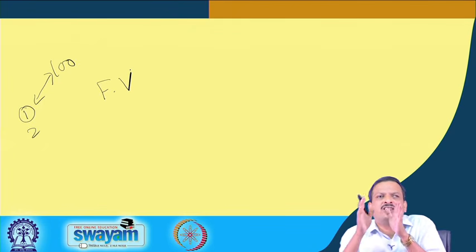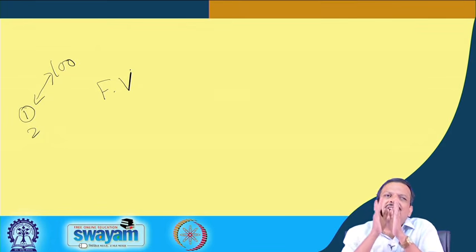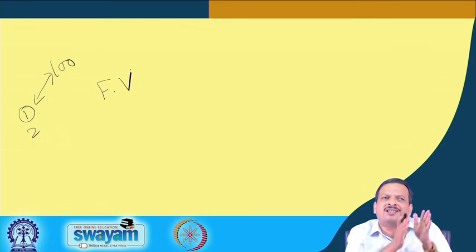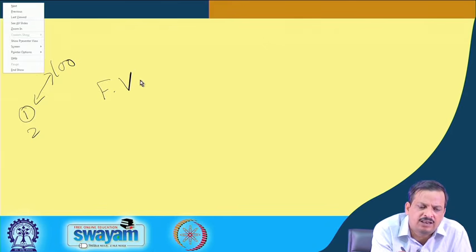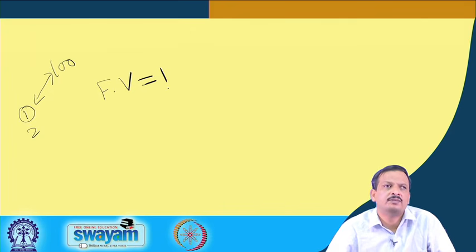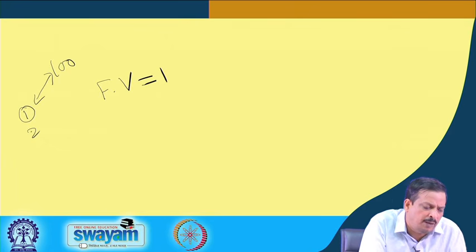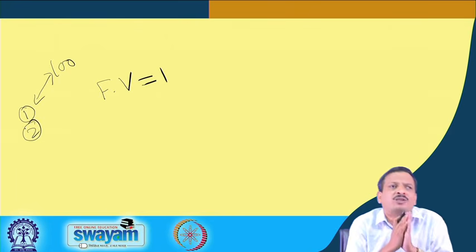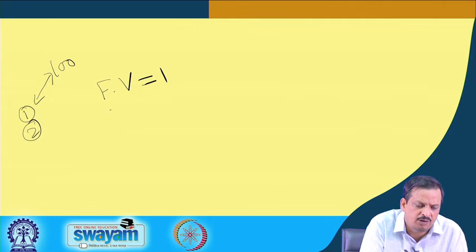So, if I have 100 students in my class and all students have given the correct answer for test item 1, then the facilitation value is equal to 1. Now, if for question number 2 none of the students gives the correct answer, then the facilitation value is 0.